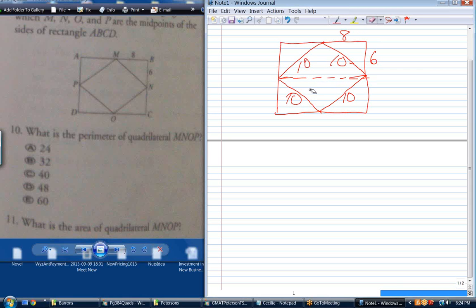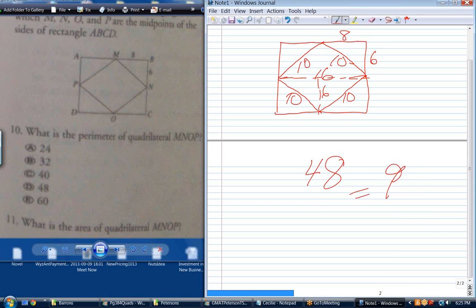And what is its height? 6. So what is its area? 48. What's the area of the quadrilateral? 96. Correct. So that's exactly how you do it.